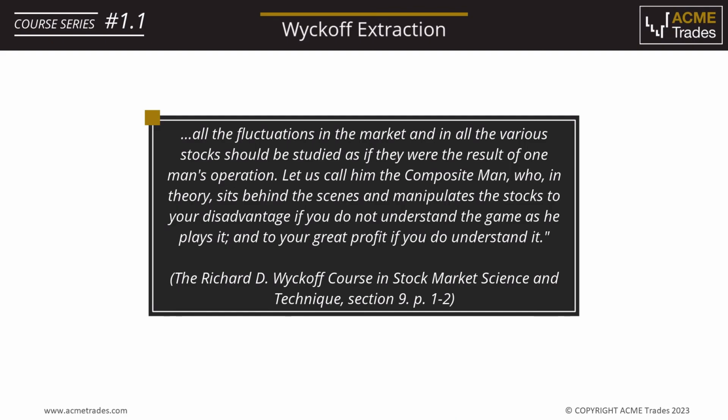And here is a quote from his works. All the fluctuations in the market and in all the various stocks should be studied as if they were the result of one man's operation. Let's call him the composite man, who in theory sits behind the scenes and manipulates the stocks to your disadvantage if you do not understand the game as he plays it, and to your great profit if you understand it.